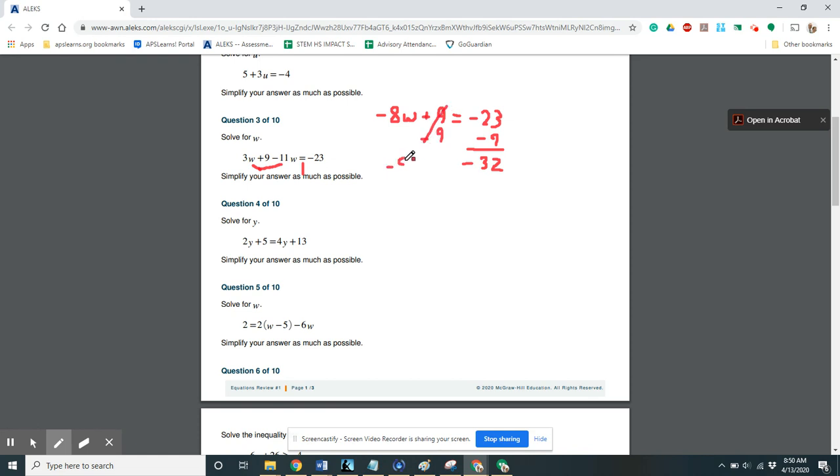So we have negative 8w is equal to negative 32. Divide both sides by negative 8 to get the w by itself. And w is 4.